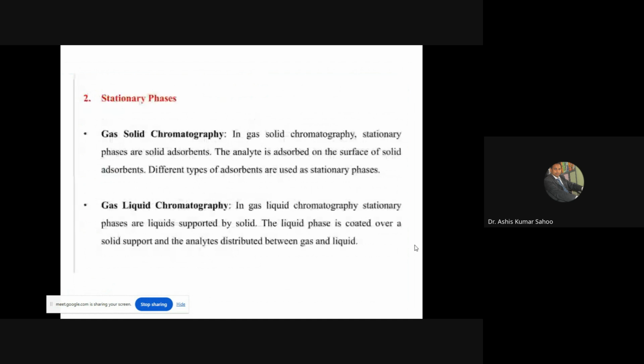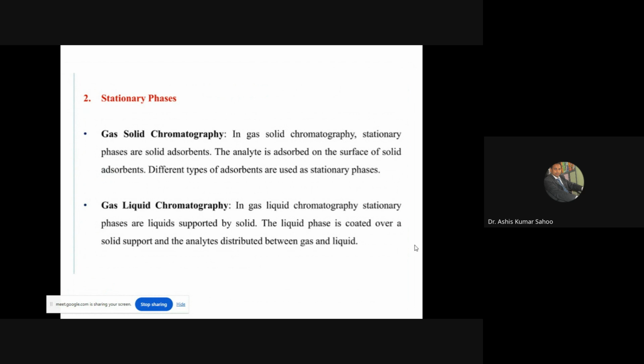Next, what about the stationary phase? There are gas solid chromatography and gas liquid chromatography. In both cases, we are discussing the stationary phase. In gas solid chromatography, the stationary phase is a solid adsorbent. Analytes adsorb on the surface of the solid.